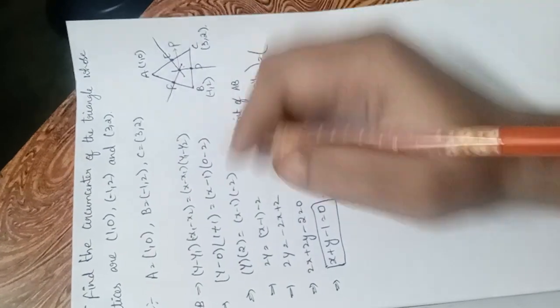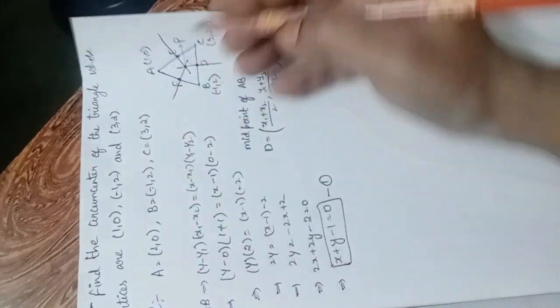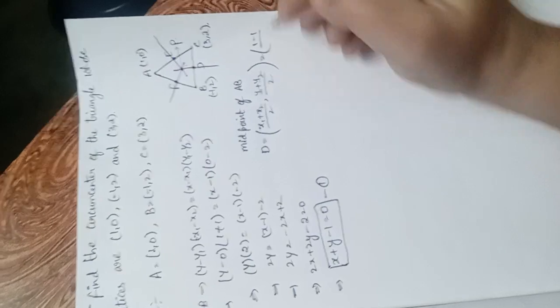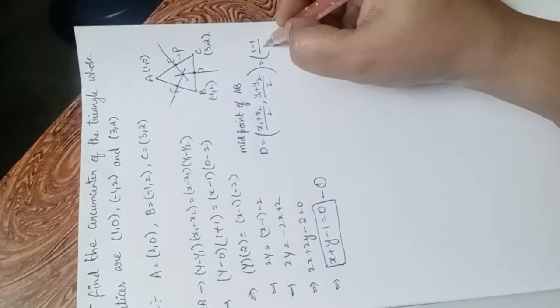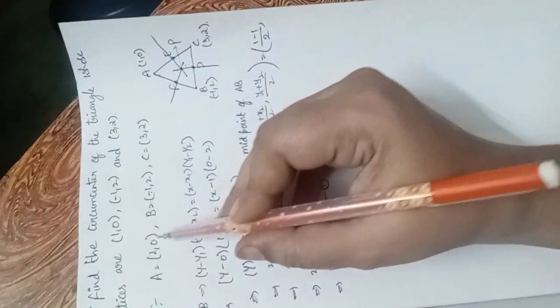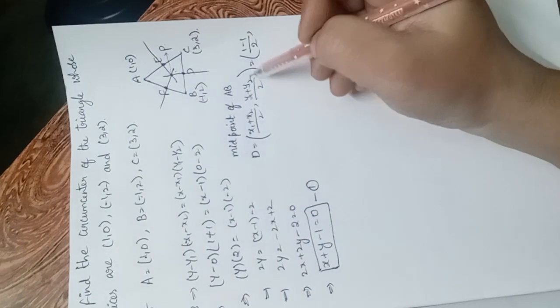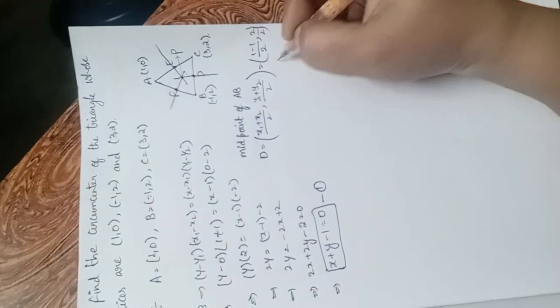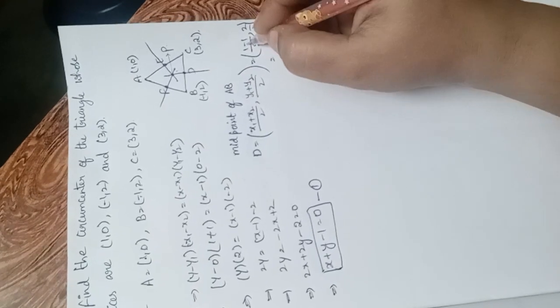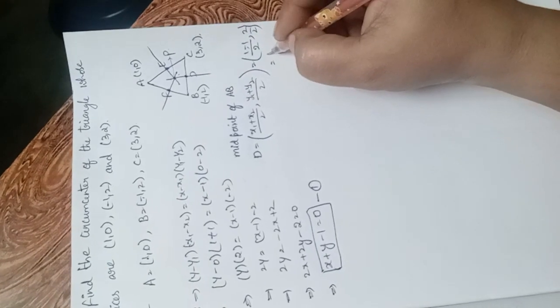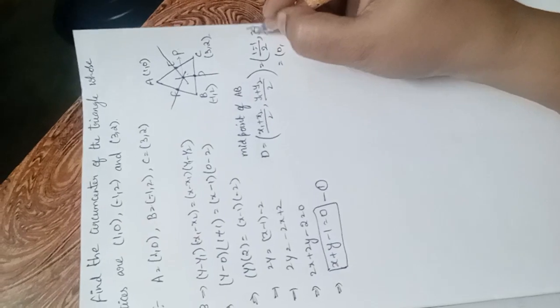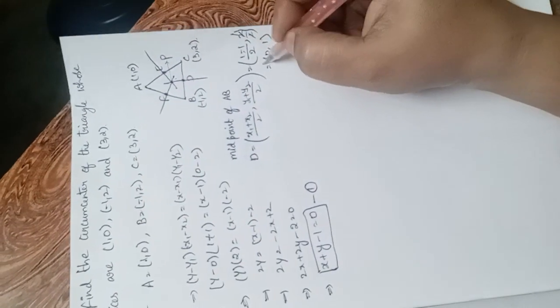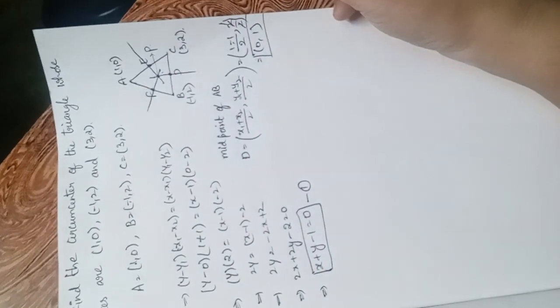That equals ((1 minus 1) by 2, (0 plus 2) by 2). So here what we got: 1 minus 1 is 0, and 0 by anything is 0. So (0, 1). This is the point D.